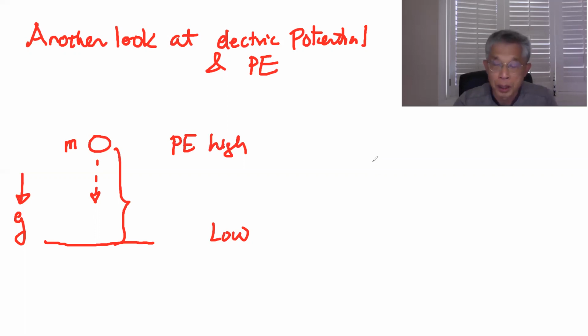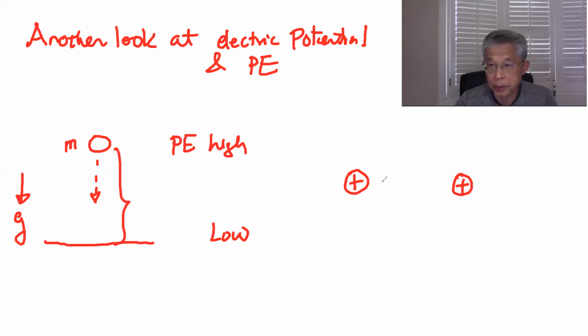Now, let's say we have two charges, positive and positive, just in free space, where the gravity influence is obviously very small.